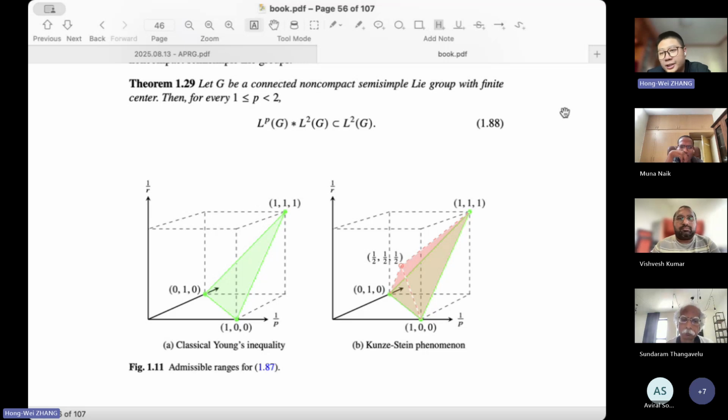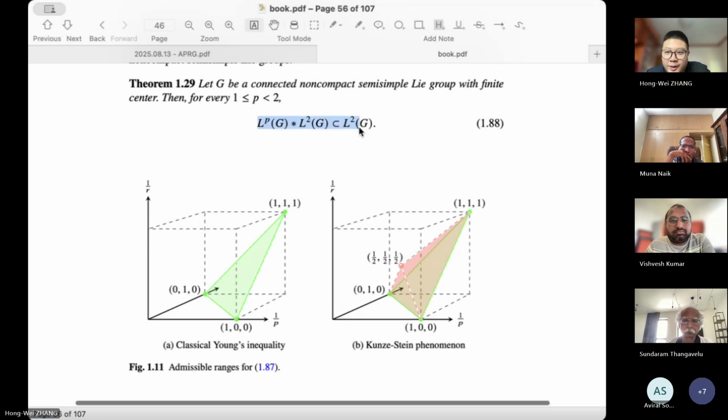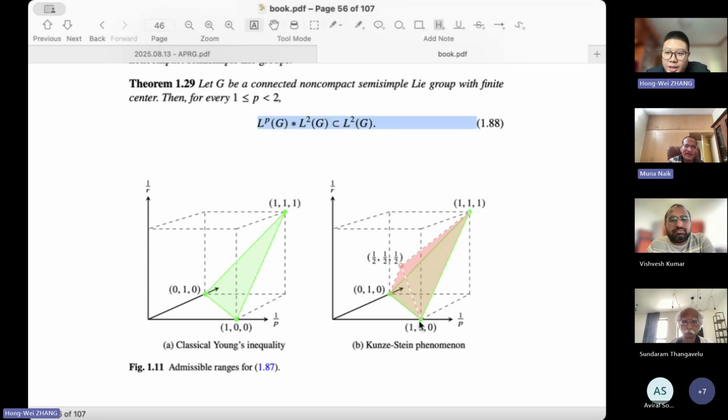Here the equation 1.88 means that for G unimodular, we can use the Young inequality, which means that all the points inside this triangle satisfy the Young inequality. But the constant tells us if we take P between 1 and 2, we still have this inequality. This picture is nice. And we use interpolation, so all the points inside satisfy this. So it's just the convolution inequality property in semi-simple groups.